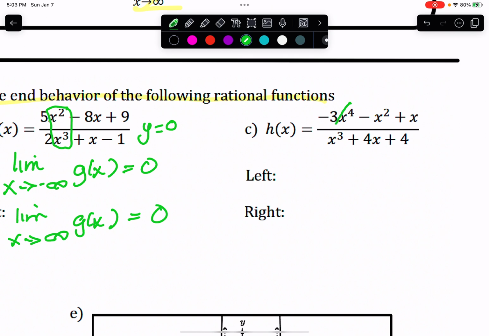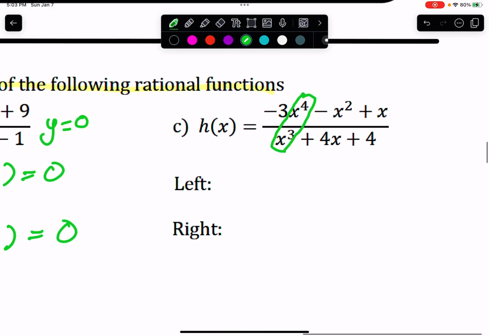I have the degree on the top larger than the degree on the bottom. So if you think about it, what's going to happen? Will it be negative or positive if I put in a negative number? You can look at it like if I simplify x to the 4th over x to the 3rd, I get negative 3x.